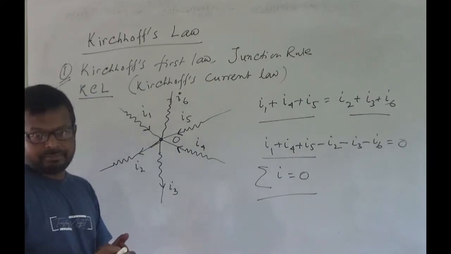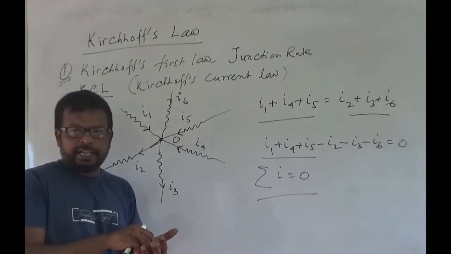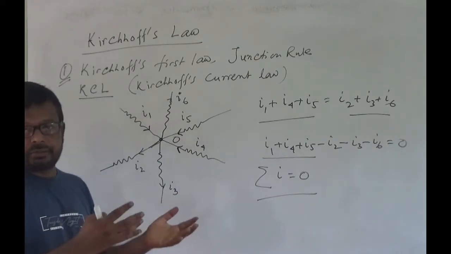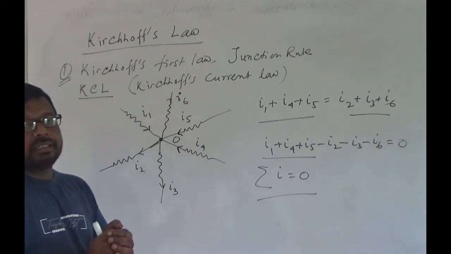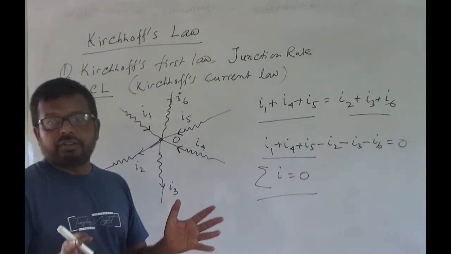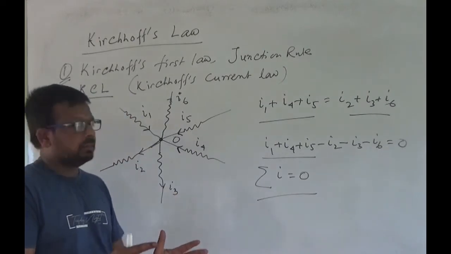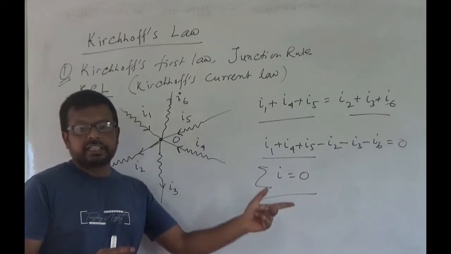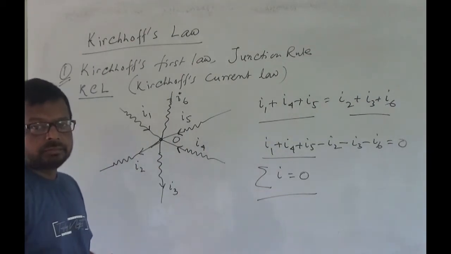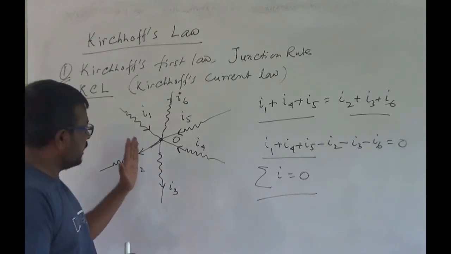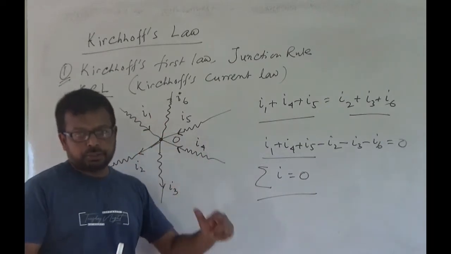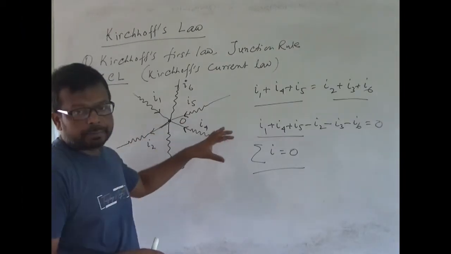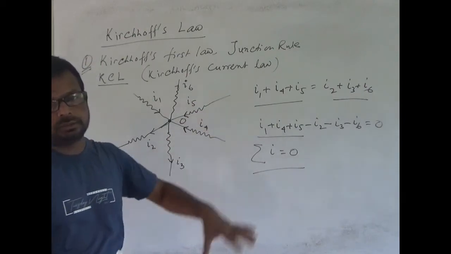That means there must be an accumulation or a destruction of charge, but it is not possible. For steady current, the charges entering the junction must be equal to charges leaving the junction in unit time. Therefore, the total current entering a junction must be equal to the total current leaving the junction. That means this law comes from the law of conservation of charge.